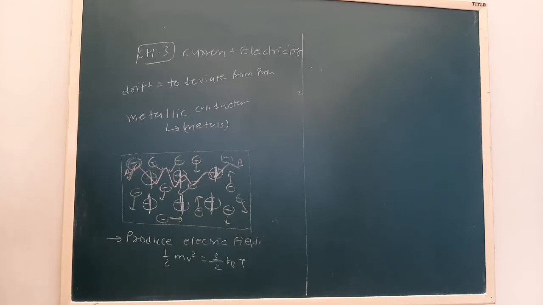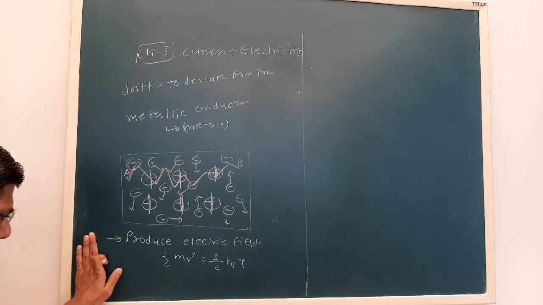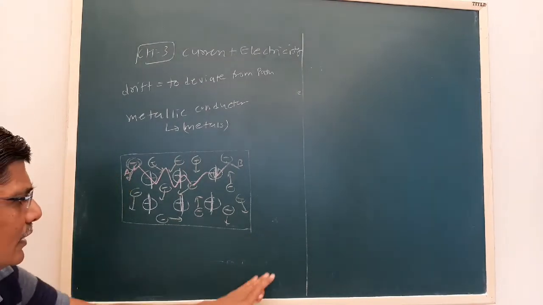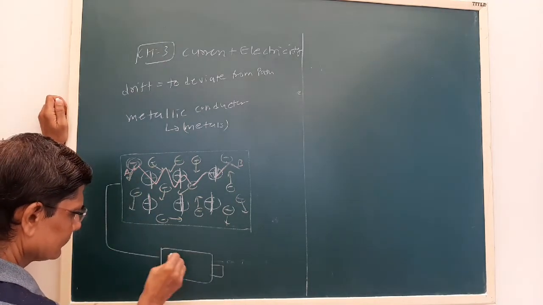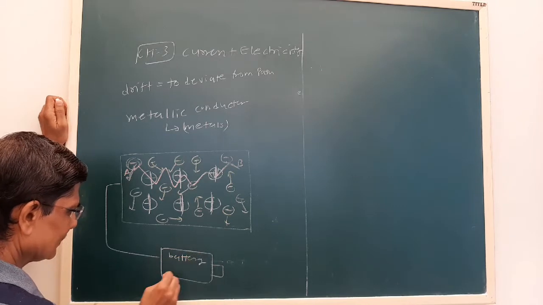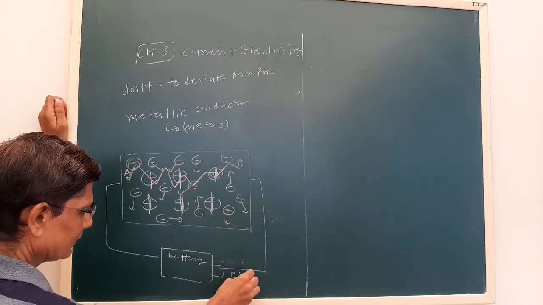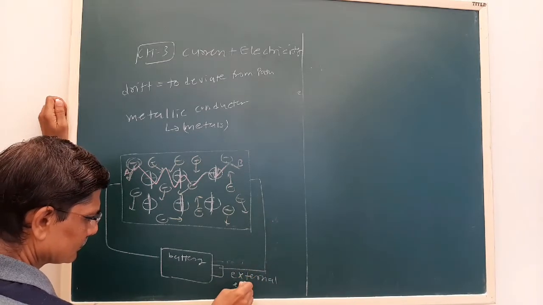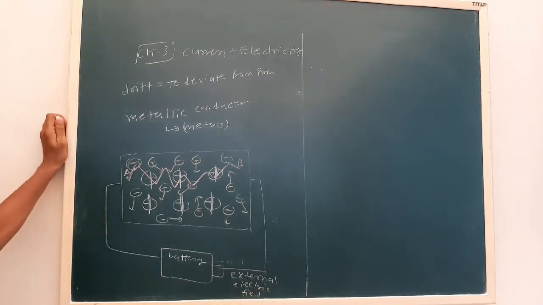Now here we have assumed that right now no external field is supplied. Now see, a battery is a source of electric field. Right now we have considered that no external field is applied. Now suppose I connect a battery. See, a battery is a source of electric field, that is an external electric field. So what happened?